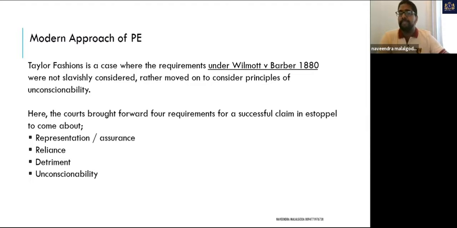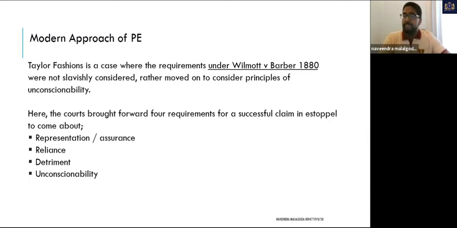That is why, in the case of Taylor Fashions, they moved on to applying a newer, much more refined set of principles. And those are the elements that are now utilized by us. So in order for a successful claim of estoppel, we must establish these four principles. Representation or assurance, same understanding is there for a representation or an assurance.